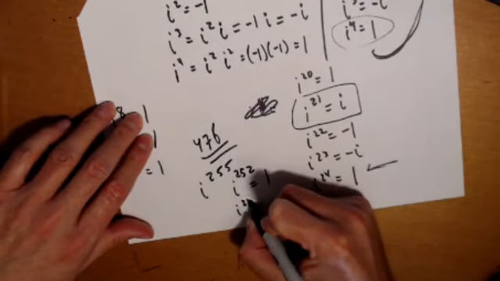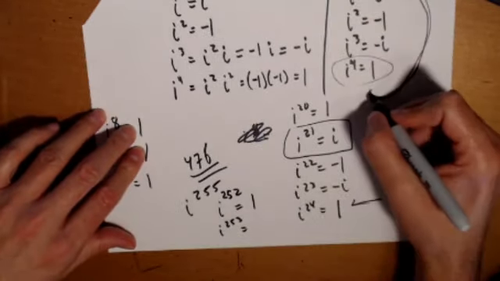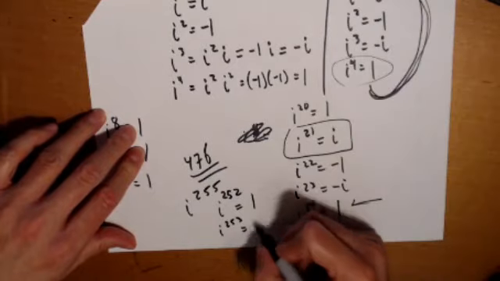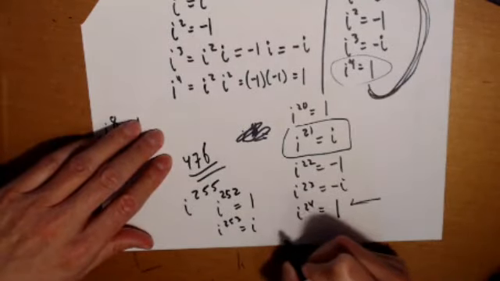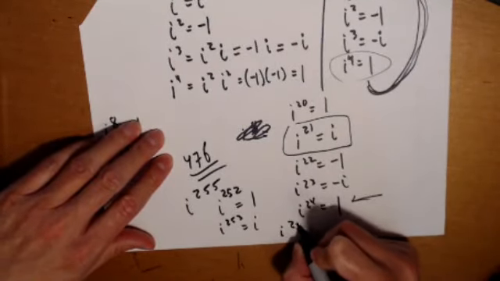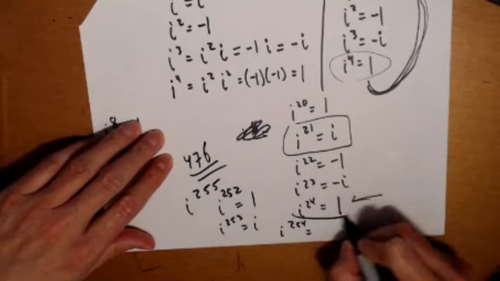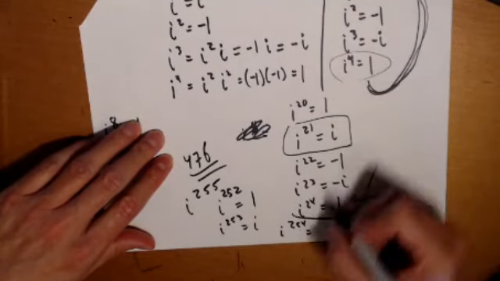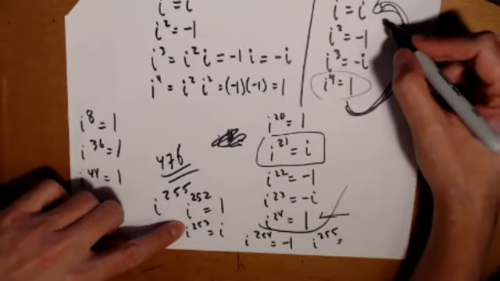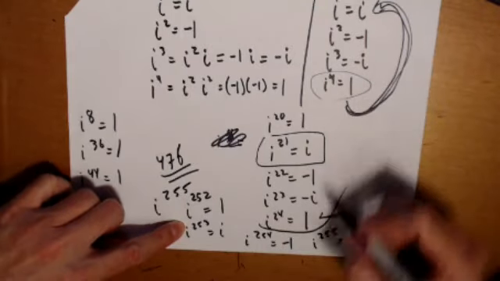So i to the 253: what's after 1? i. And then i to the 254: what's after i? Negative 1. i to the 255 must be: what's after negative 1? Negative i.